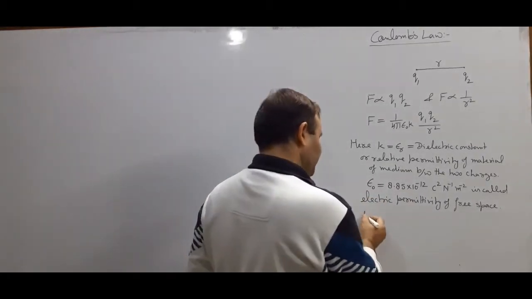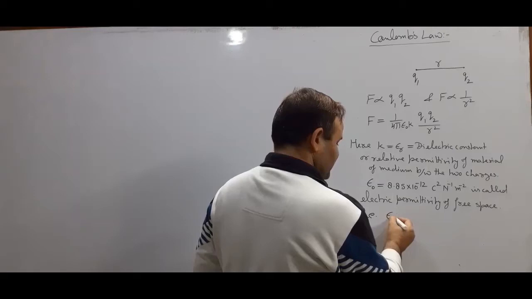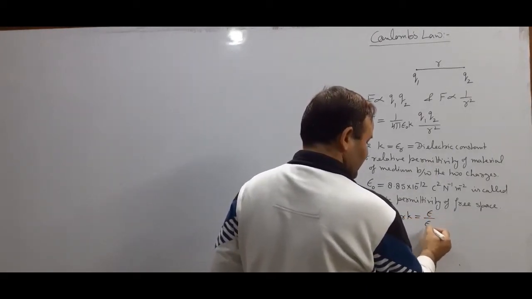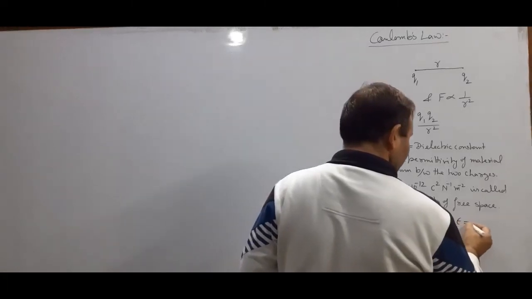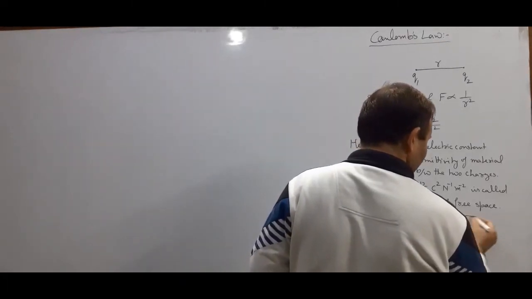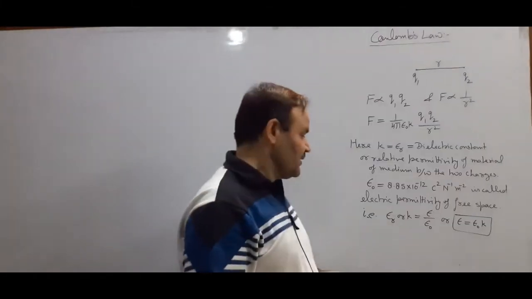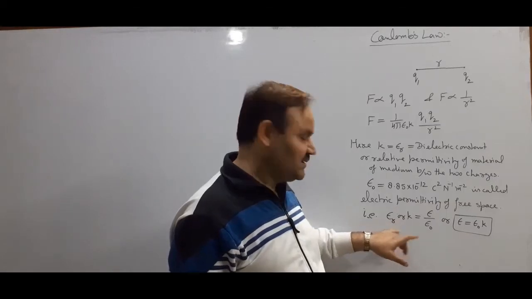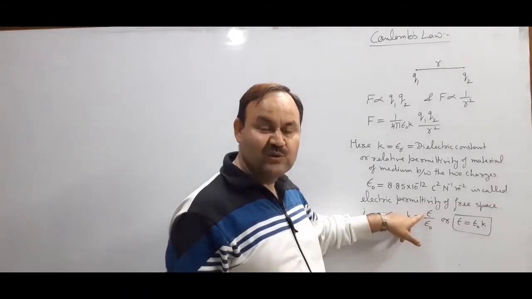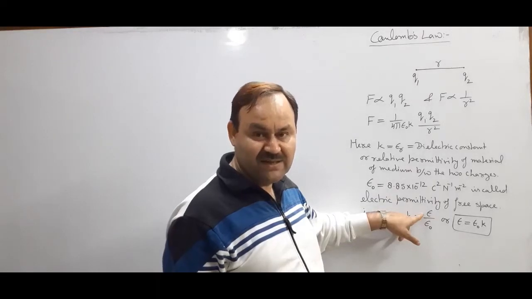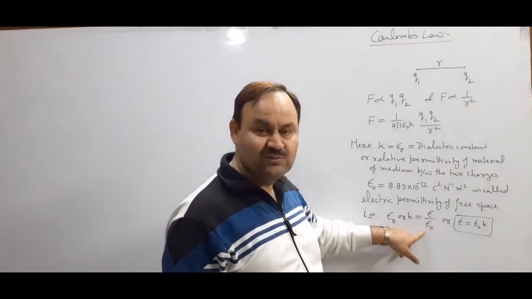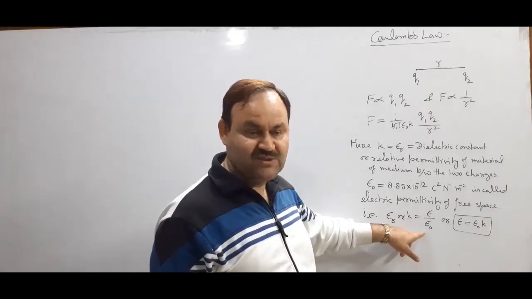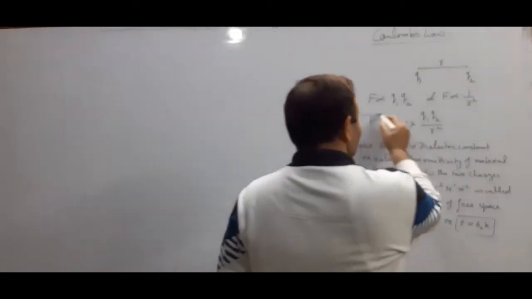That is, epsilon r or K is epsilon by epsilon naught, or you may say epsilon is equal to epsilon naught K. From here it is obvious that K or epsilon r determines how many times more a medium is electrified by a given charge as compared to the electrification of free space by the same charge.